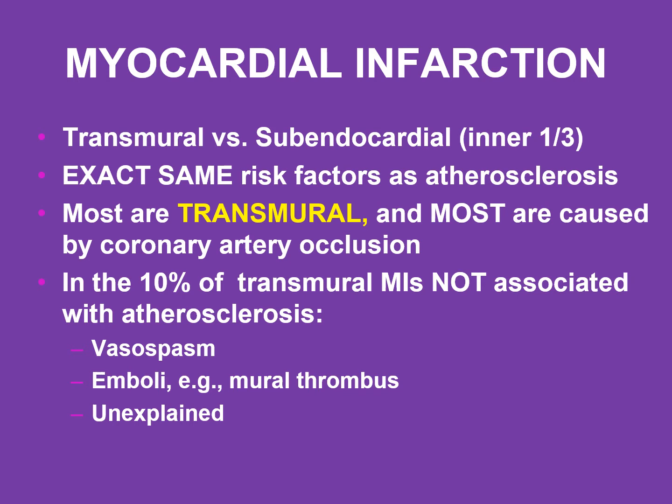But I say most here because drug intake can also cause myocardial infarctions without the necessary physical coronary artery occlusion. So let's say in the 10% of transmural MI which is not associated with atherosclerosis, the etiology can be vasospasm and emboli, and then of course drug intake.